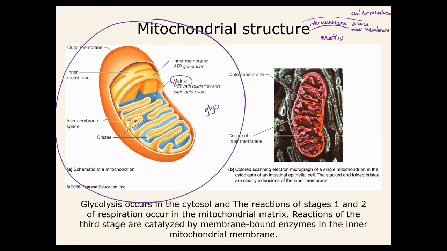Glycolysis is out in here. And then in the matrix, the blue part is where citric acid cycle happens. So the pyruvate has to enter in, as does the NAD.